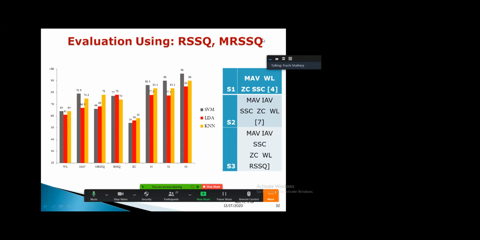We created sets of these features, set 1, set 2, set 3. Then we have used SVM for classification, LDA, linear discriminant analysis. We also used K nearest neighbor.